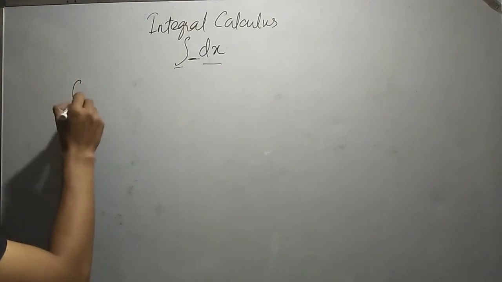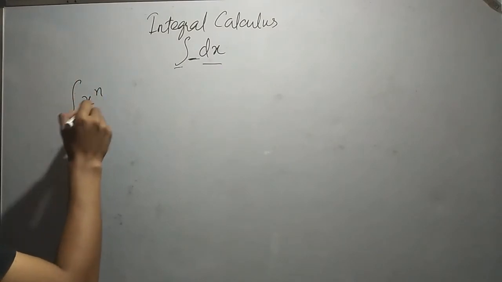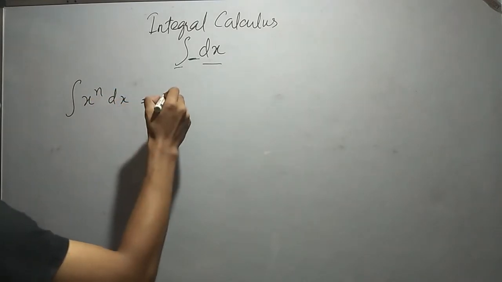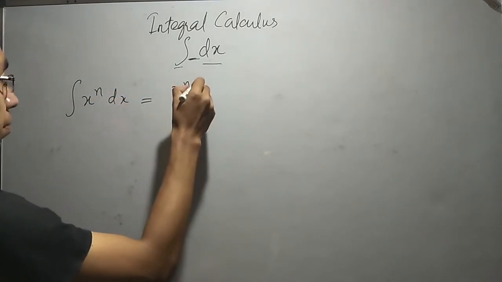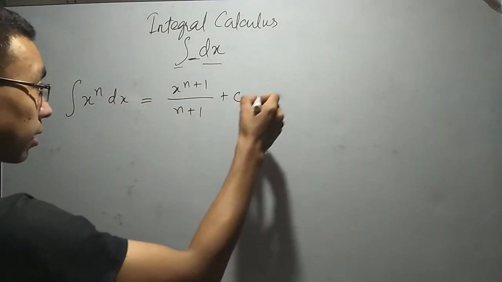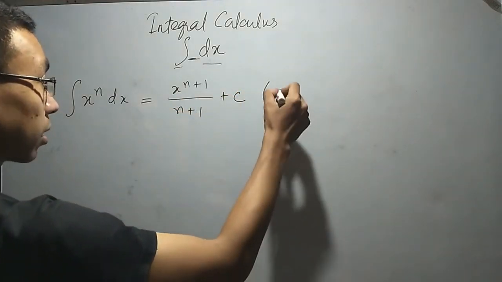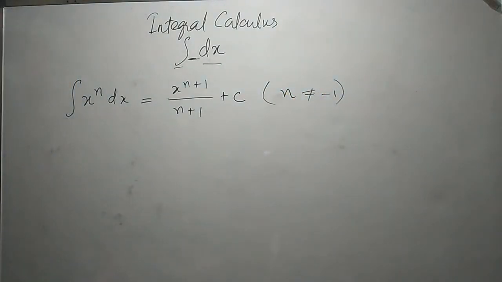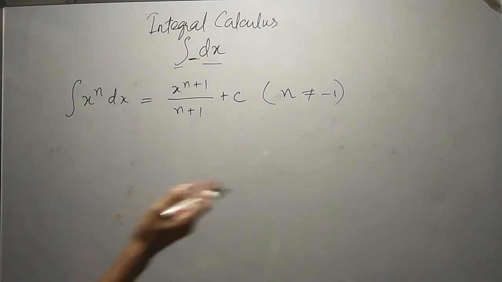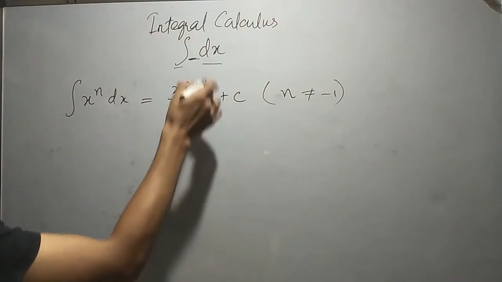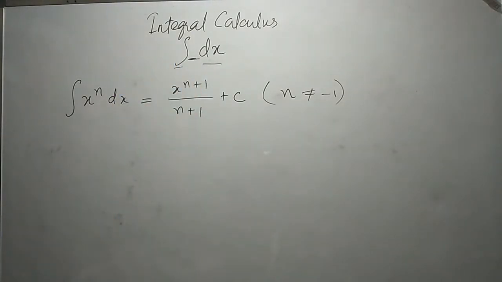So this is a formula: if the function is of the form x to the power n, integral x to the power n dx equals x to the power n plus 1 divided by n plus 1, plus c, provided this n is not equal to minus 1. If n is equal to minus 1, we will get a different final answer. This will not be the formula.